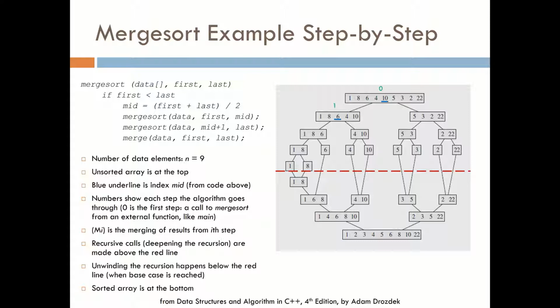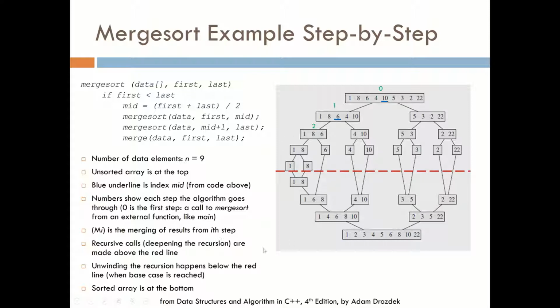And we call merge sort on the left side of that list, going all the way up to mid. So the 1, the 8, and the 6, and we end up at this point, right? So as you can see, the recursion is deepening here. I had the initial call, which was a non-recursive call, but I've had 2 recursive calls on the left side of the array only, okay?